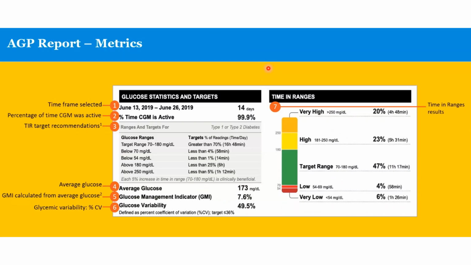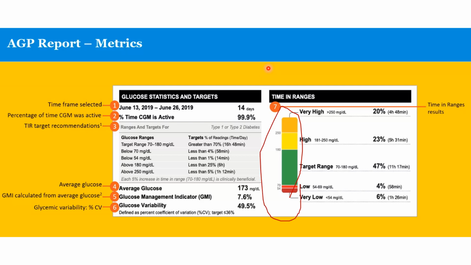So the top part, all AGP reports, the Dexcom or the Libre, have all the same data points. They might look different, but the same data points are in the report. So over to the right, you'll see, if I can get that highlighted here.